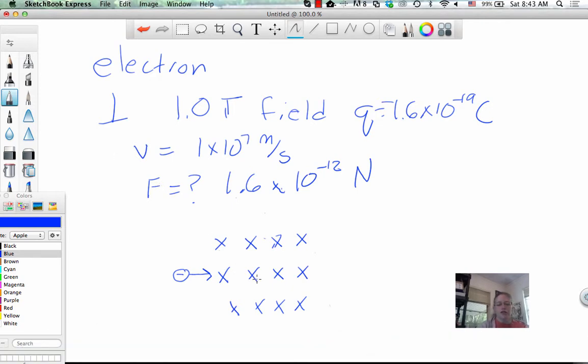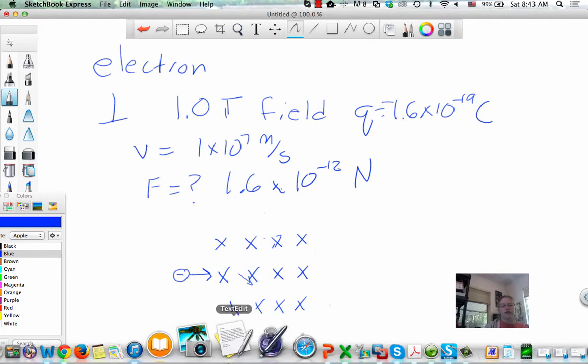Now, as the electron moves in, is it immediately going to start moving down because of that force? No, because it already has a velocity in this direction. With a velocity this direction and a force down, it's going to move a little bit this way. Once it's moving this way, what direction is the force on that charge?